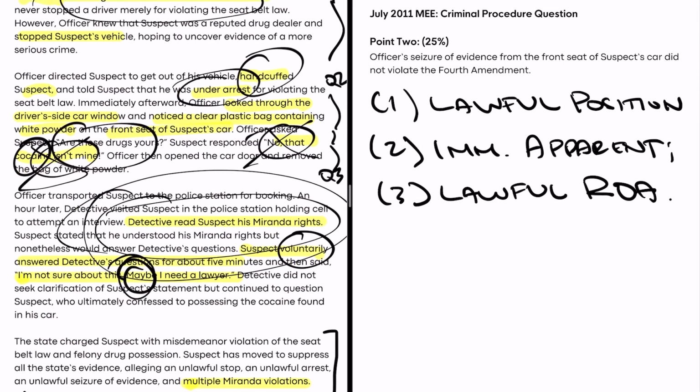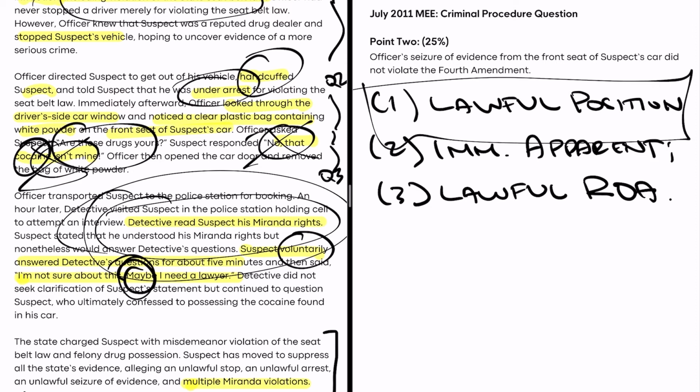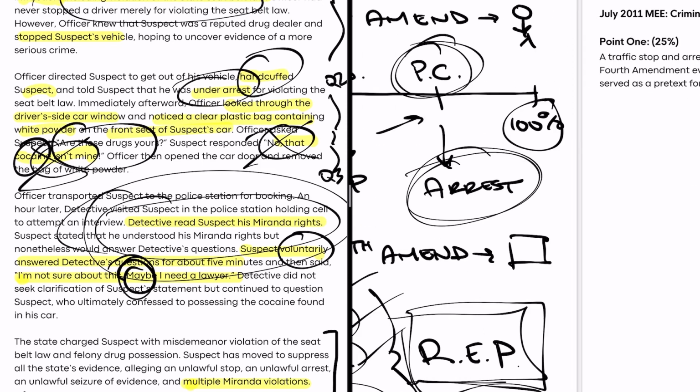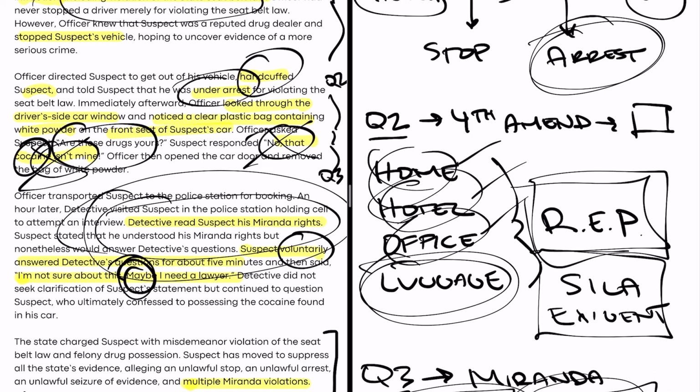If we look back to question number two, the police officer is lawfully in a position from which he views the object. He's in a lawful position, right? He's on a public street. If the police officer had physically intruded into a constitutionally protected area, remember, we noted that the home, the hotel, the office, luggage can all be constitutionally protected areas where a person has a reasonable expectation of privacy.